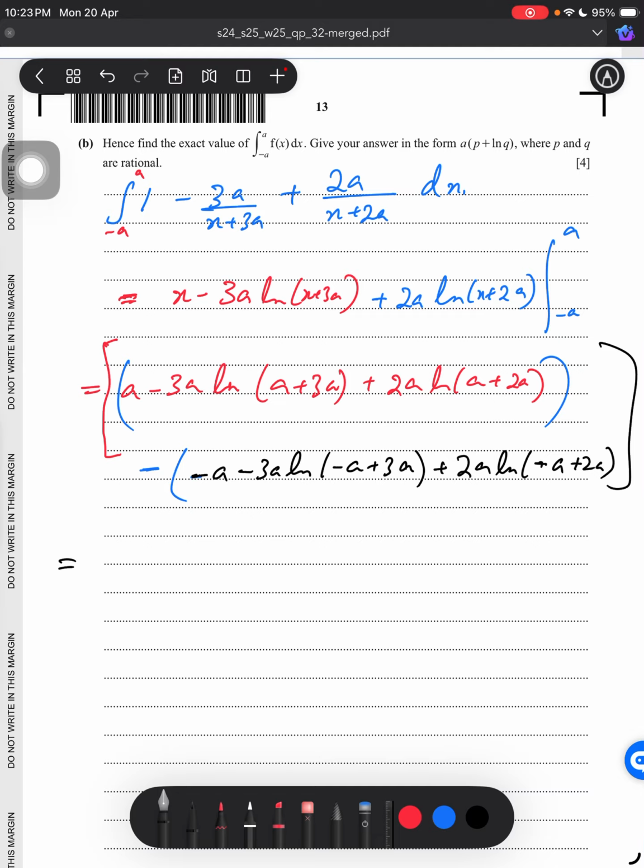So if we're going to solve this, this would come out to be a minus 3a ln 4a, and this would be 2a ln 3a, negative, the other values will be just negative a, 3a ln would be left with 2a plus 2a of ln just a.